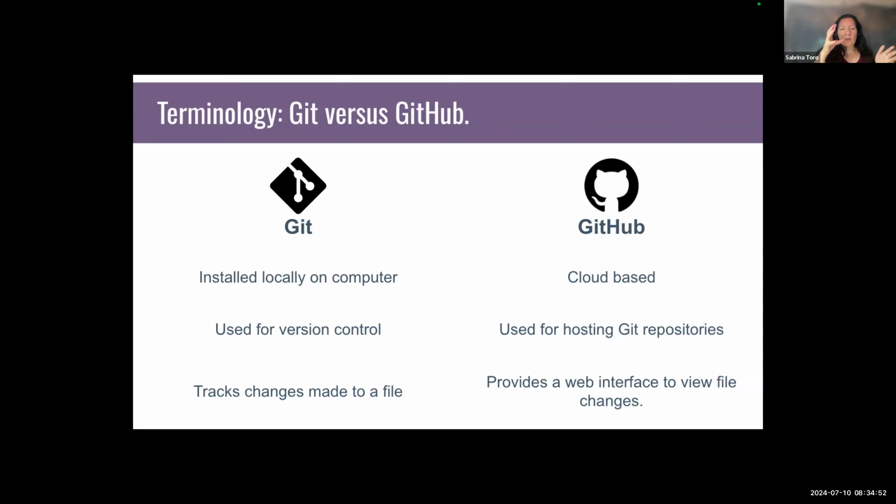Everything that is happening on your local machine, like when you take the ontology, clone it to your machine, make changes, and look at those changes, all of that is happening via Git. So Git is what allows you to keep track of all those changes. And then you push all of this into GitHub where everybody can see those changes.